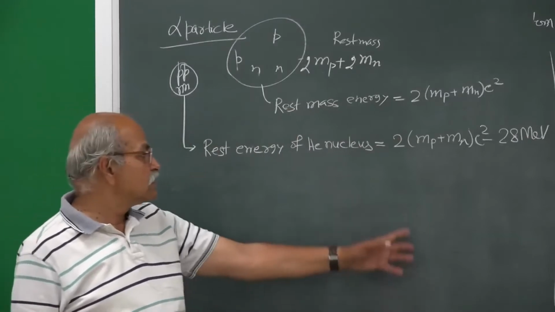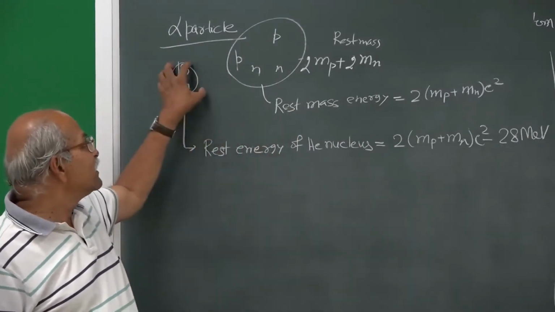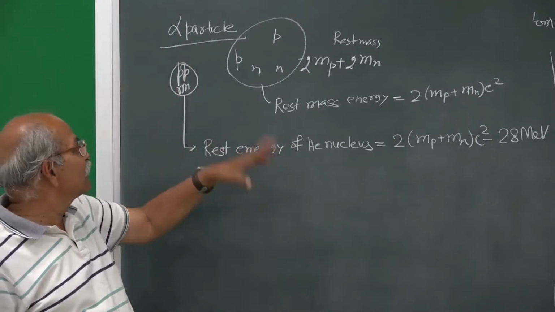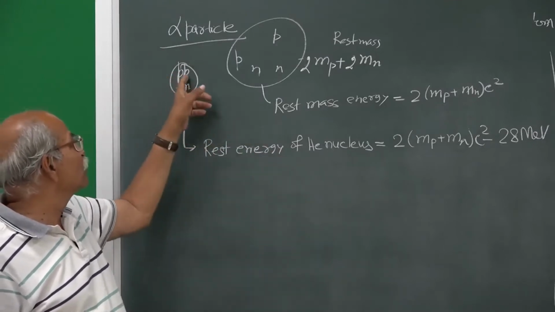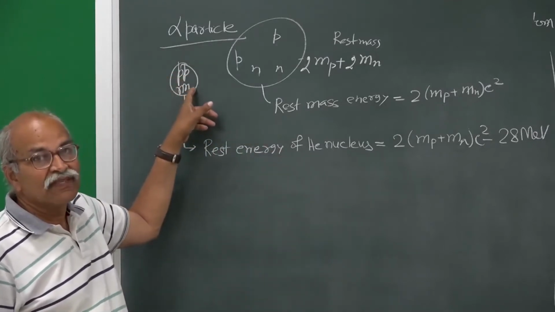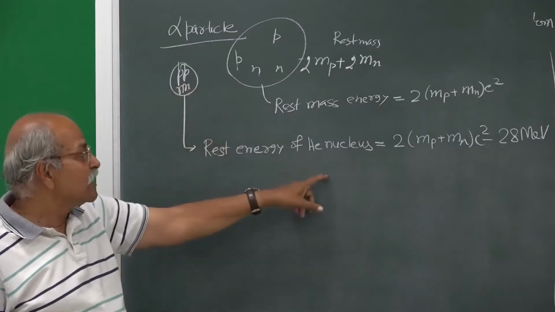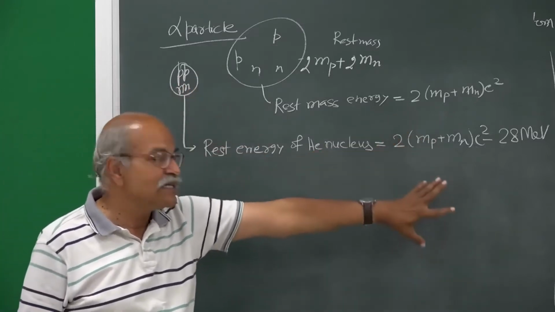So this rest mass energy is less than the sum of rest mass energies of proton, proton, neutron, neutron.